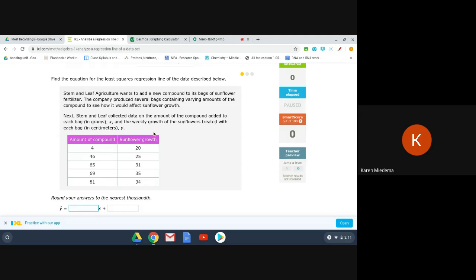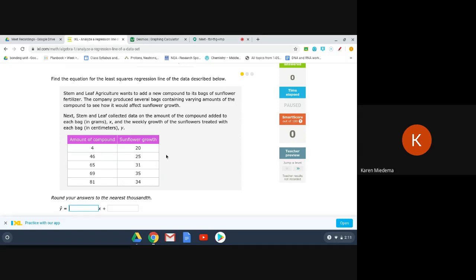Now, in general, just looking at the data, you can see that as the value of X increases, for the most part, it looks like the value of Y also increases. The last one had a slight decrease, but overall, most of the data seem to indicate that as the value of X increased, so did the value of Y.